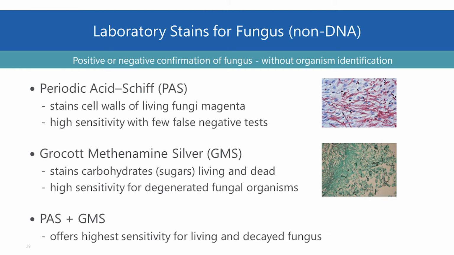Again, essentially, you're looking for the detection of your fungal hyphae. These two tests together offer the highest level of sensitivity for living and decayed fungus. Very important note is that, again, these tests do not offer genus and or species, okay? This is just giving you a yes or a no if fungus exists.